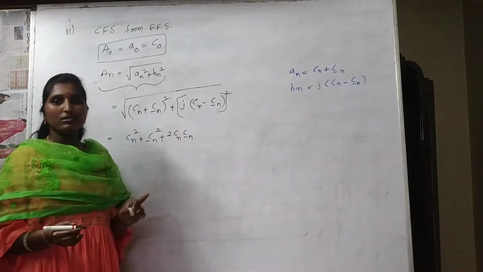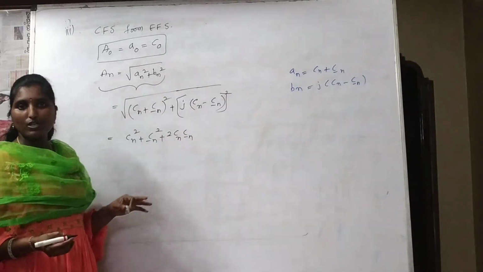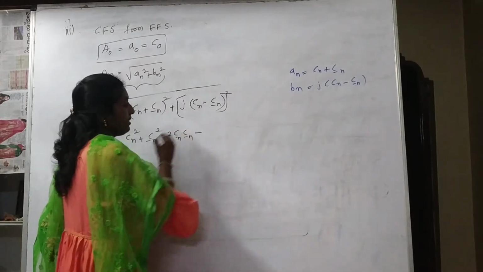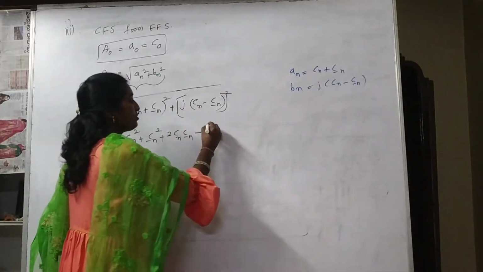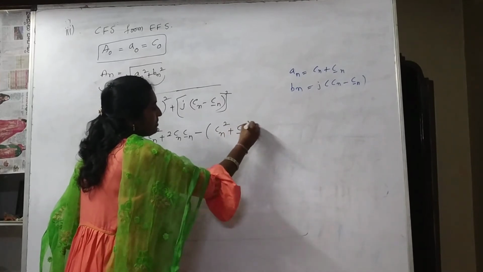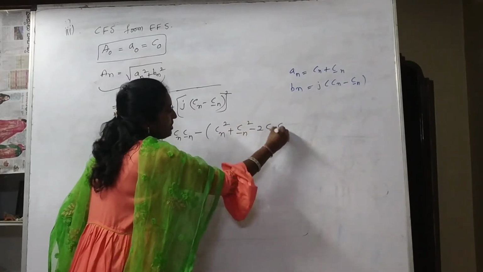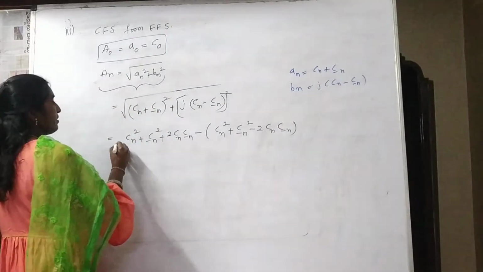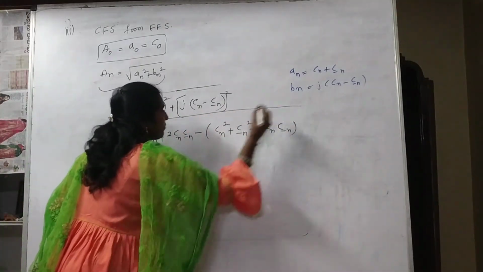J square, what will be the value of j square, which is minus 1, times the (a minus b) whole square formula: cn square plus c minus n square minus 2cn c minus n, all under root.